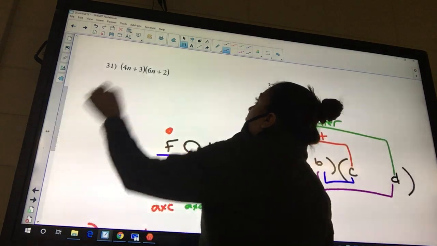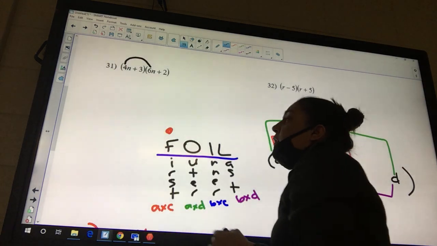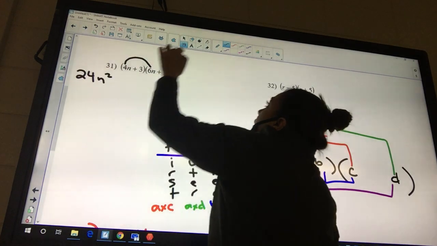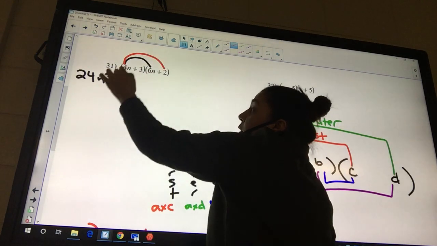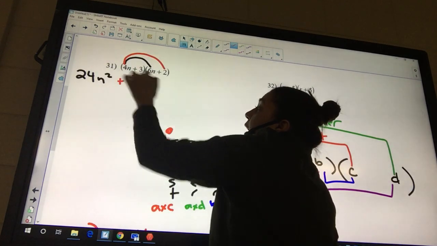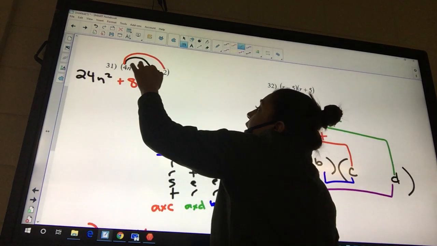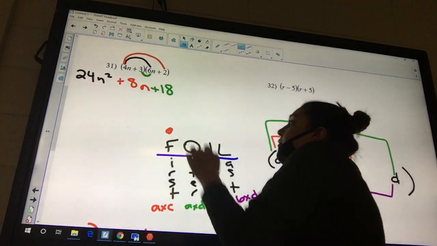Okay, let's look at 31. We multiply the first. So 4 times 6, 24. How many n's? 2. First, the outer. So 4 times 2, 8. How many n's? The inner. 3 times 6. How many n's?